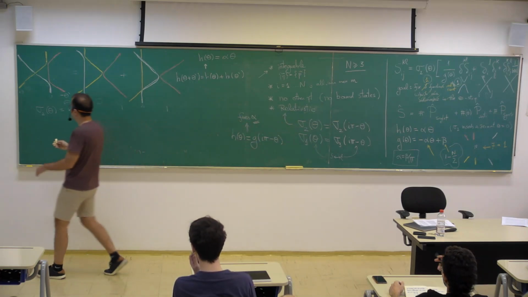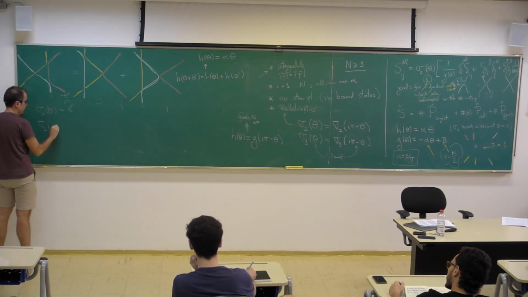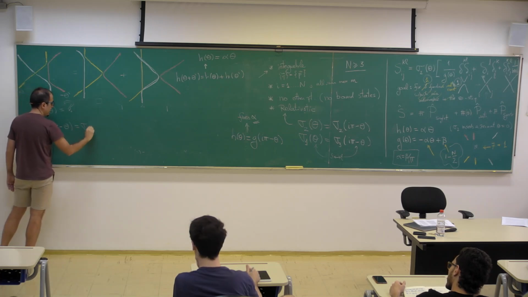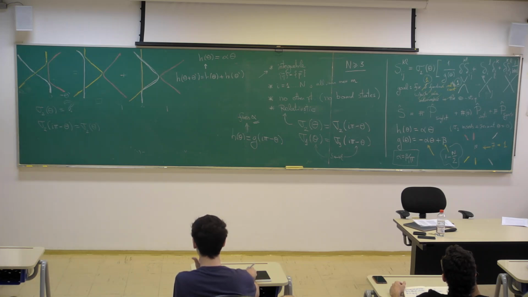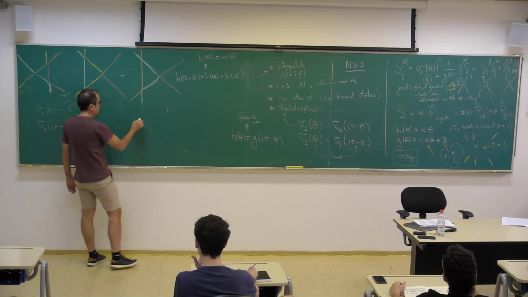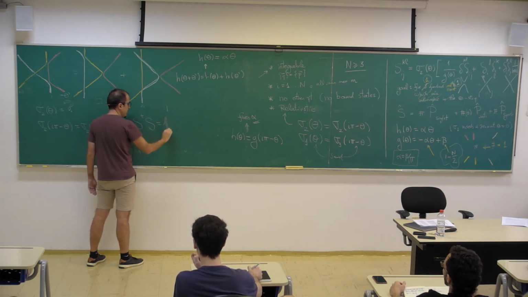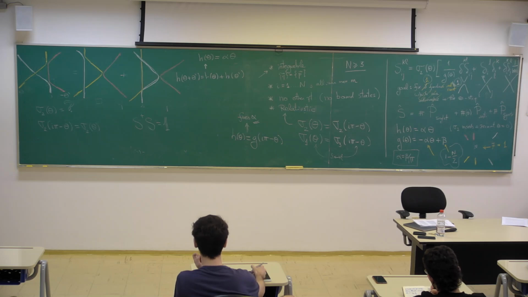And now for this sigma 2, what do we know? We know sigma 2 obeys the equation sigma 2 of i pi minus theta equals sigma 2 of theta. And the last equation we have to impose is unitarity, which is the condition that S dagger S is equal to the identity. That's the crucial equation we didn't impose yet. So what is S dagger S?